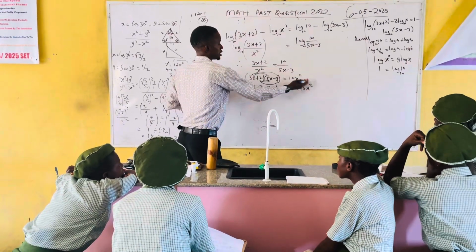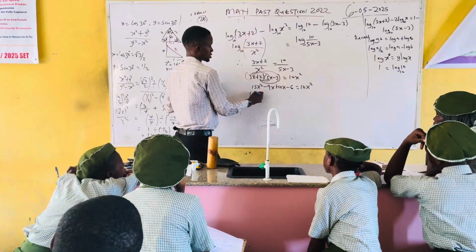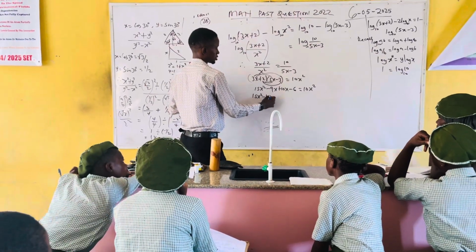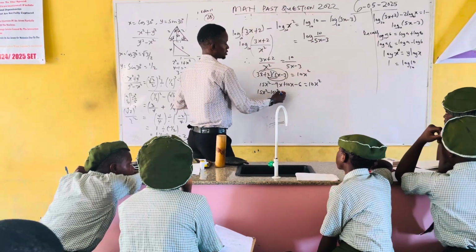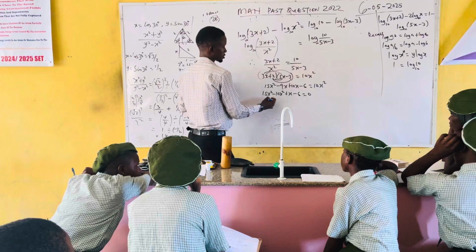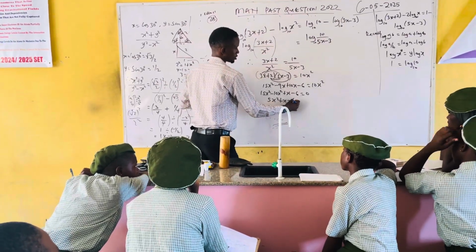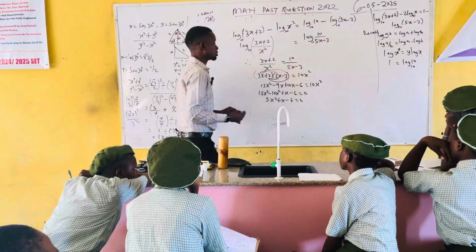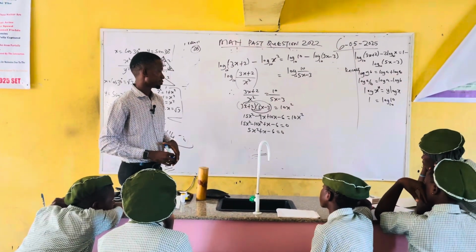When you bring this 10x squared to the other side, you have 15x squared minus 10x squared, that's 5x squared, minus 9x plus 10x, that's plus x, minus 6 equals 0. So you now solve this quadratic using the factorization method.